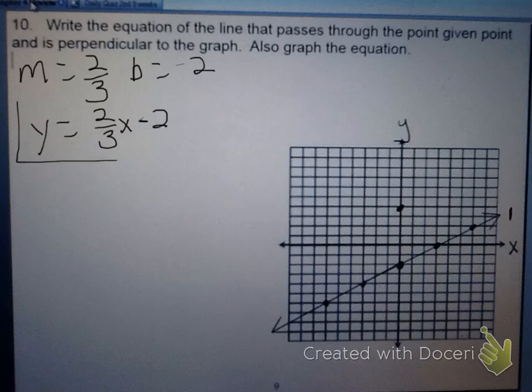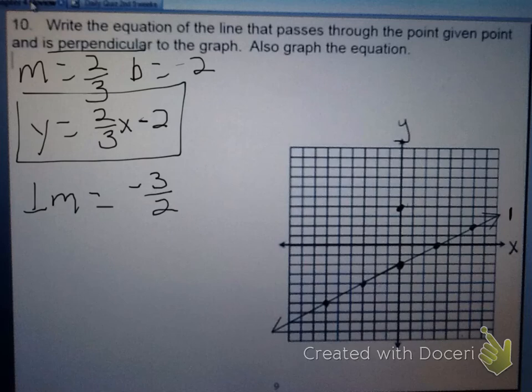Now, the equation that we have to find goes through this point right here. And remember, it's perpendicular. So the perpendicular slope is the opposite and the reciprocal, -3/2. So go to this point that's given, and we're going to go down 3 to the right 2.